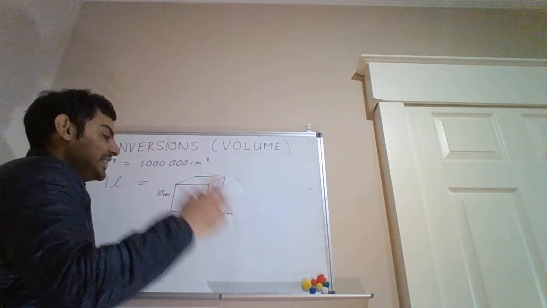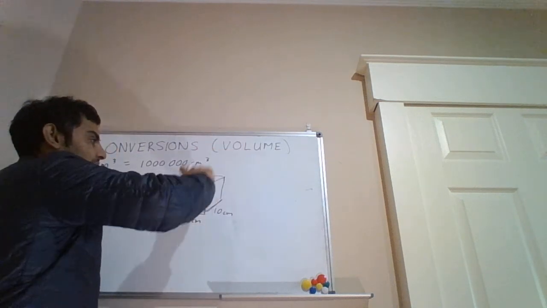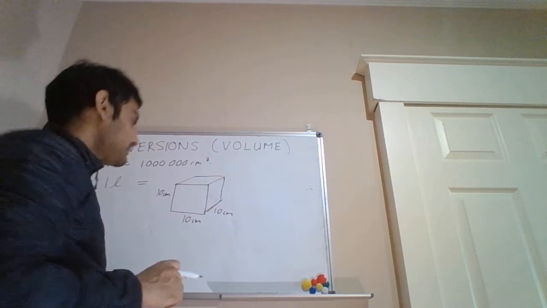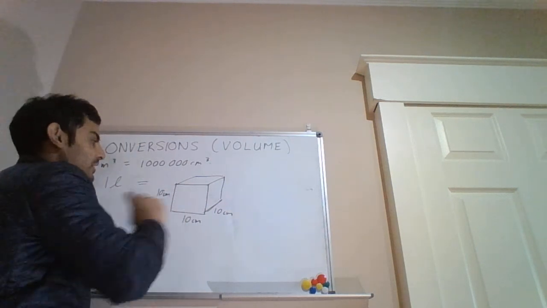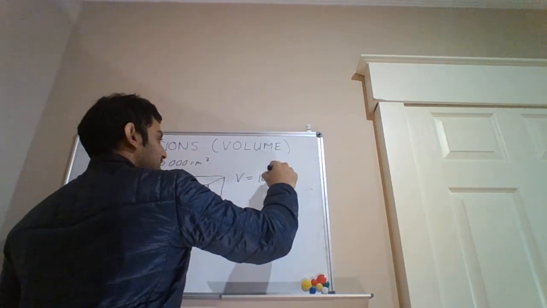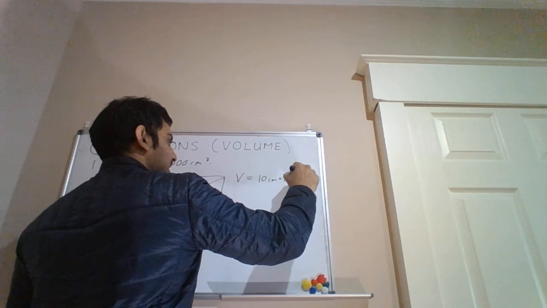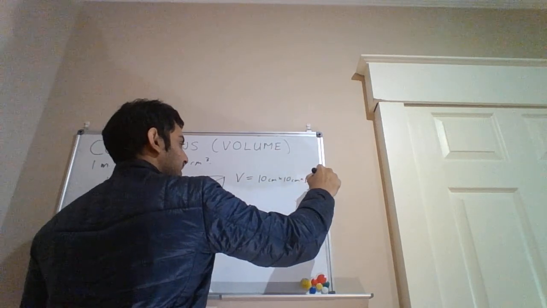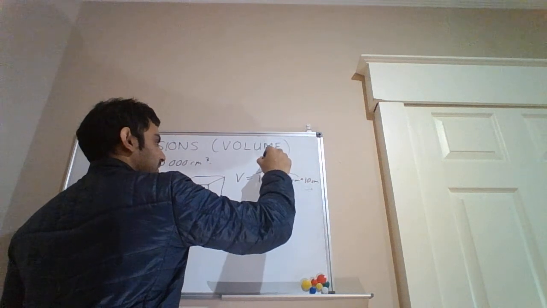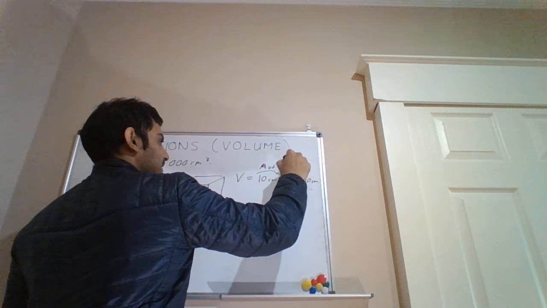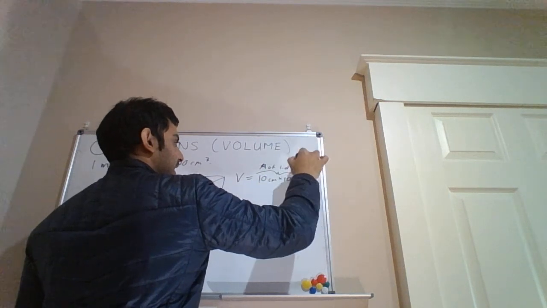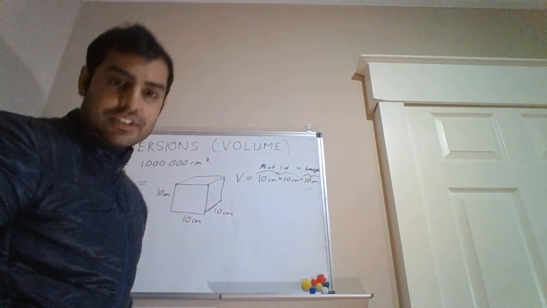So if we had a liter of milk and we poured it into this cube, it would fill the cube up exactly. So what is the volume of this cube now? Volume equals 10 centimeters by 10 centimeters by 10 centimeters. So this first one is the area of lid, and this one is the height, and then we're just timesing them together.